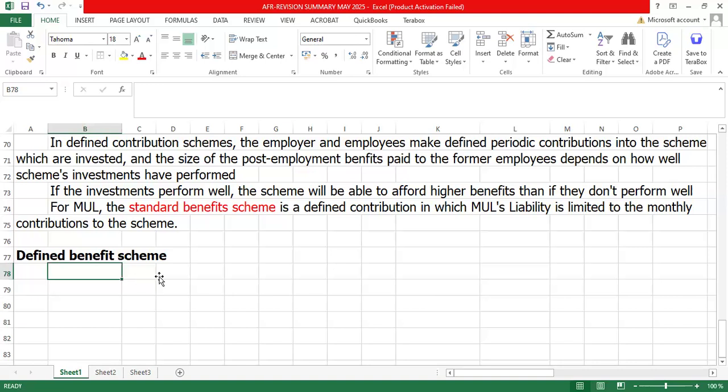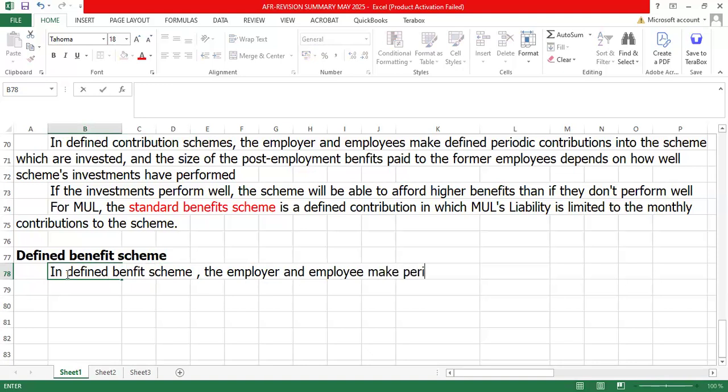So defined benefit scheme. Let's write something, and we say that in defined benefit scheme, the employer and employee make periodic contribution.